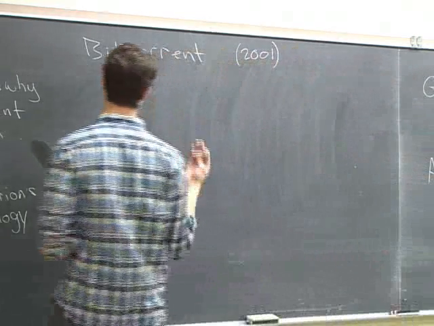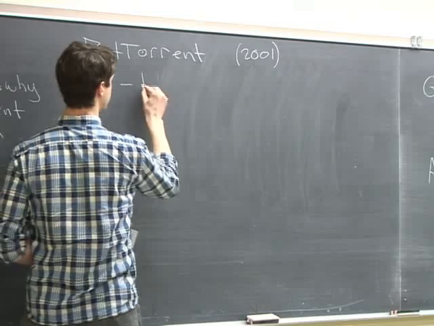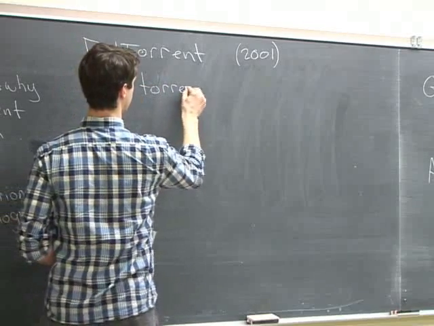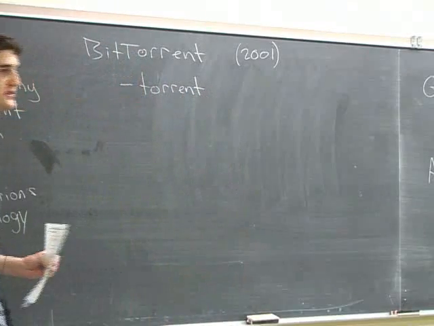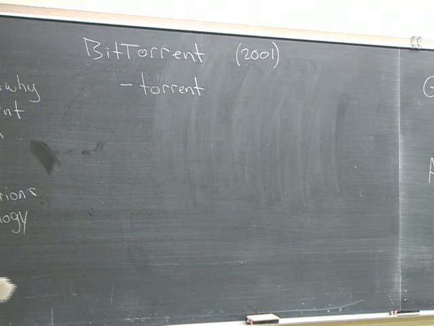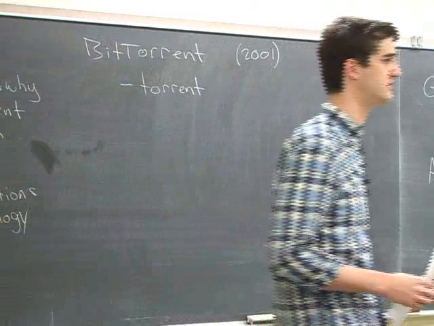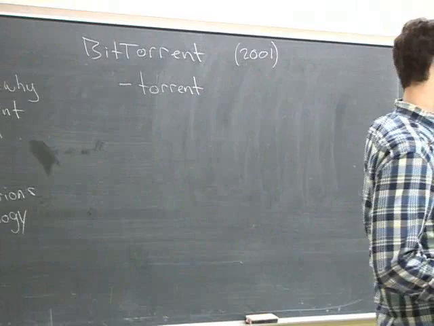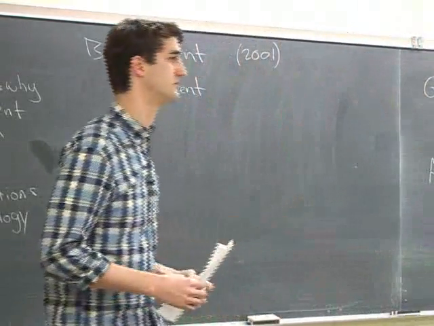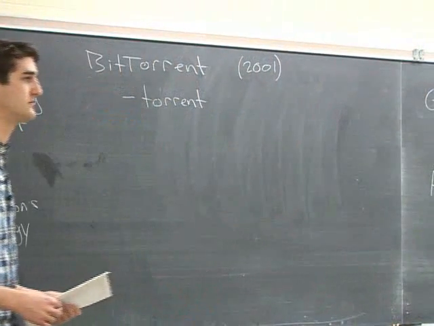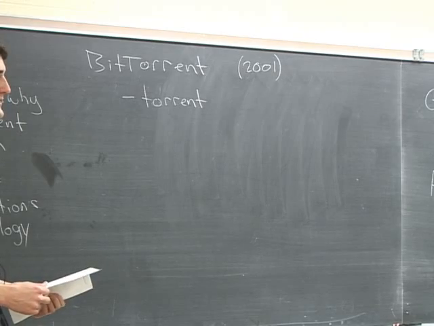Okay, so the main concepts are, first of all, we have this thing called a torrent. Can someone tell me what a torrent is? Yeah? I think it's like a small piece, it's like the key for you to get in that overlay network.